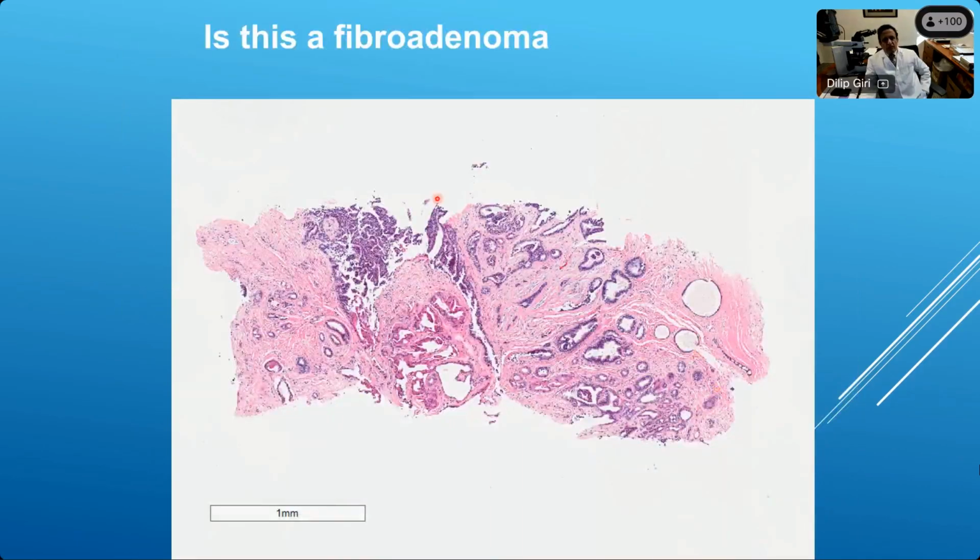Now, another example where this looks very different. It's not a good biopsy to begin with. In spite of the lesion probably being big, the radiologist has decided to send a skimpy biopsy. Now, you have no control over the radiologist. And there is no way a surgeon is going to know what you are dealing with, right?